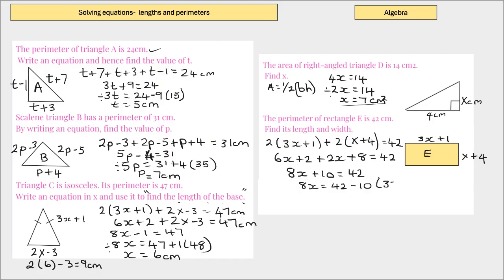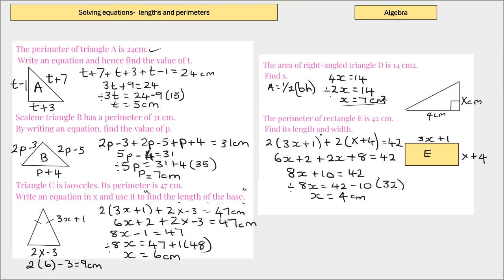It's 32. And now I'm going to divide that 32 by 8 so we can find out x. And the answer, of course, is 4, because 8 into 32 is 4 times. Okay, we found x. That's the first step done.